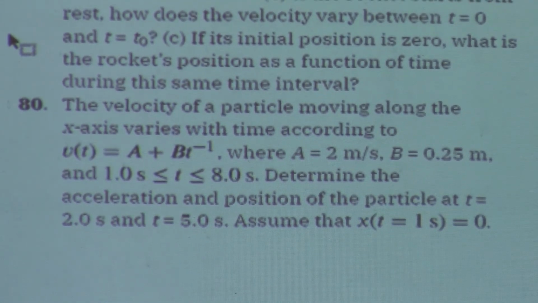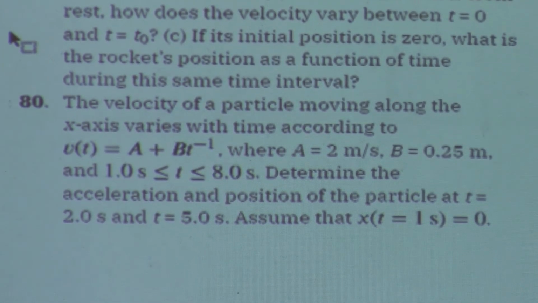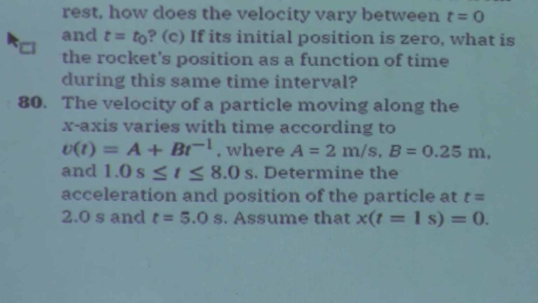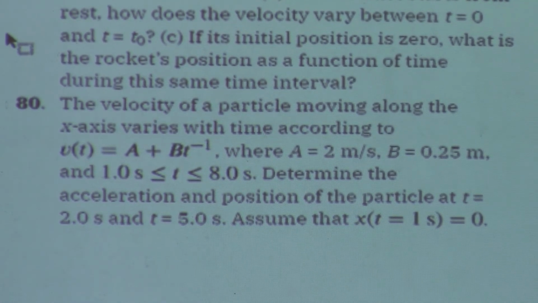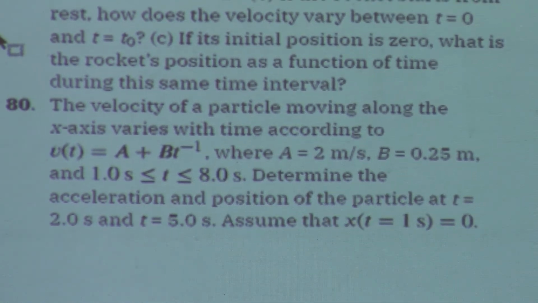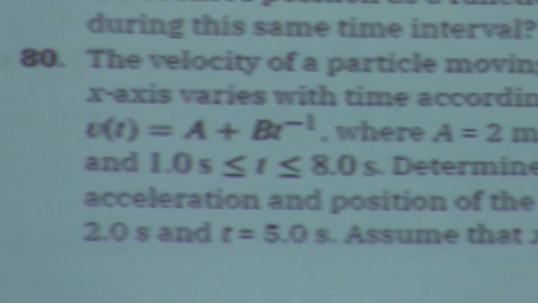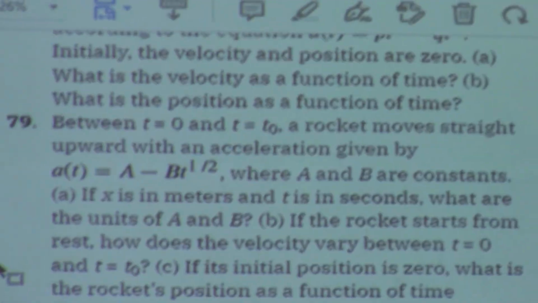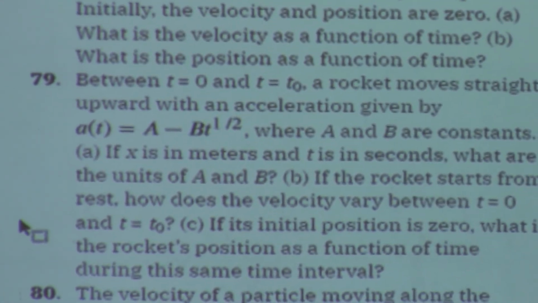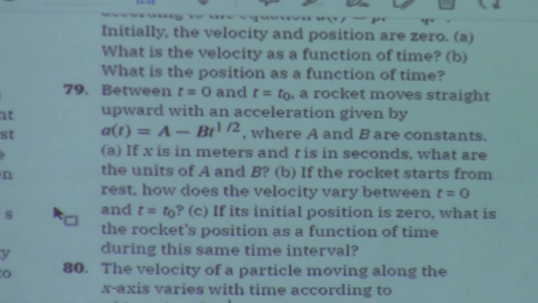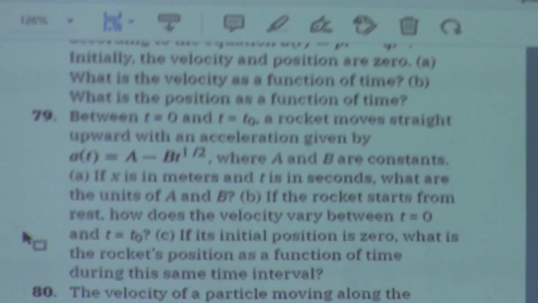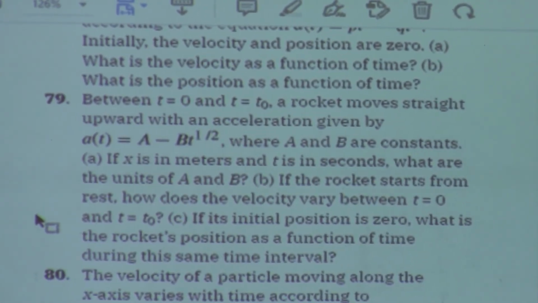So the acceleration as a function of time is given by some number a, they don't say exactly what it is, minus b t to the 1/2 power. My first question for you would be, well, actually, let me keep reading it, where a and b are just some constants. So we don't actually know what they are, so we can't actually get a number out of this, but we know they're constants.